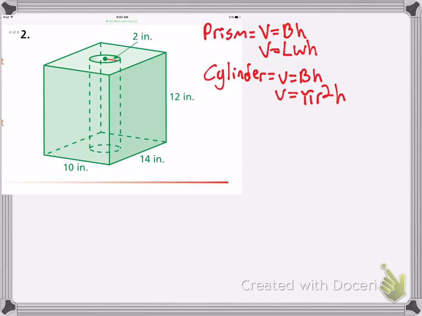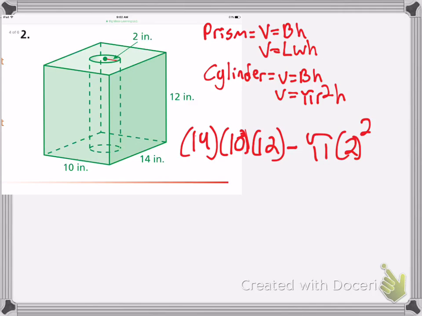The next one, you have a composite figure with a rectangular prism and a cylinder that has been cut out of it. So find the volume of the composite figure. The way you do this is you're going to take your rectangular prism, which is length times width times height, which is going to be 14 times 10 times 12, minus the volume of the cylinder, pi times 2 squared times the height, which is 12.